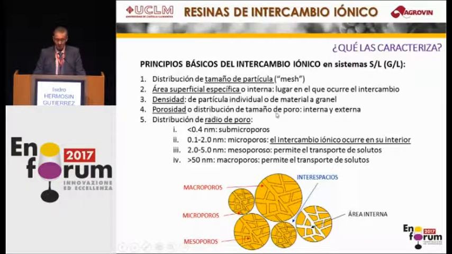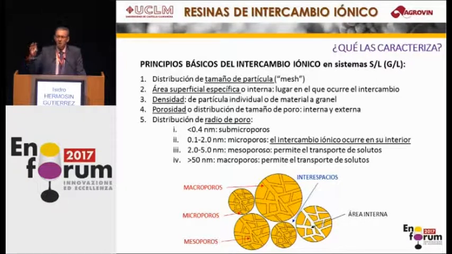Pore size distribution. We then have the porosity, or distribution of pores as a function of size. We have large ones, such as that one, or intermediate size pores, or very small pores. Micropores are those where you can have ion exchange, and specifically the one we are interested in.